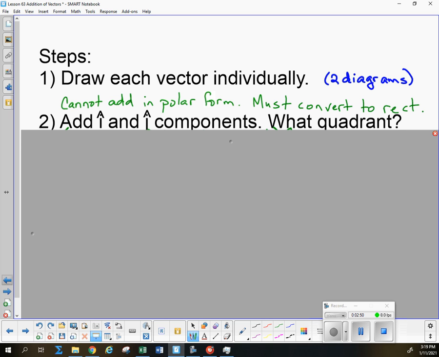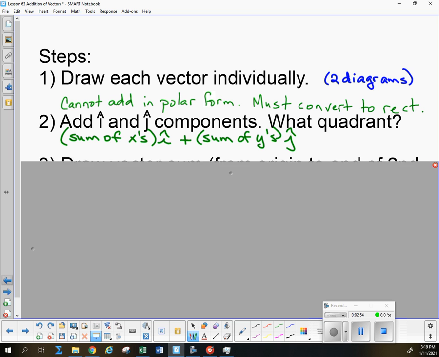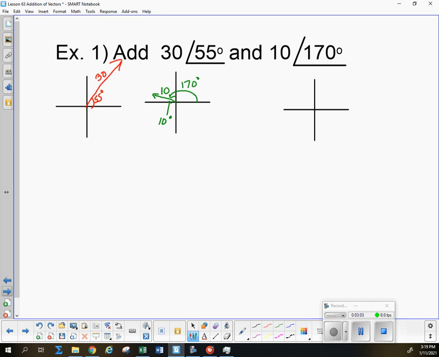So we're going to add the ihat and the jhat components together, and take a look at that and see, where do we end up? What quadrant do we end up in? So back to my example now.